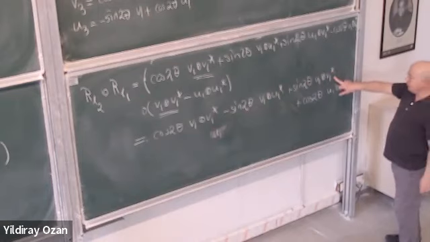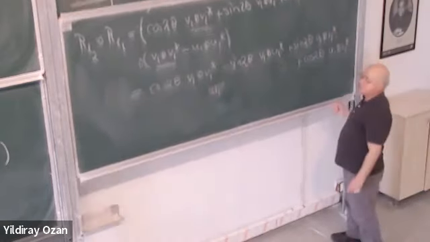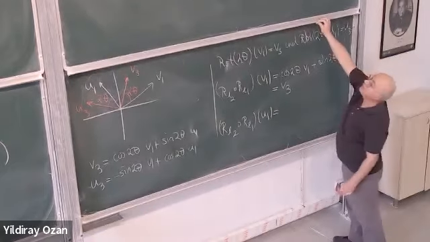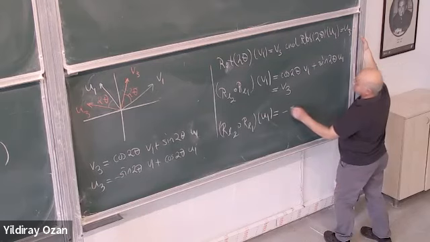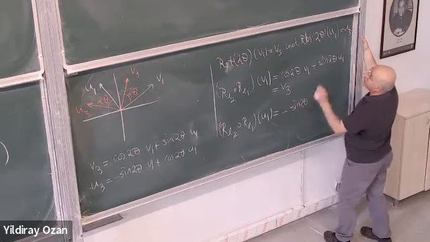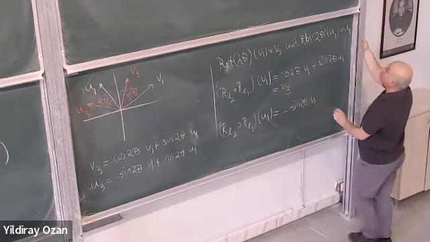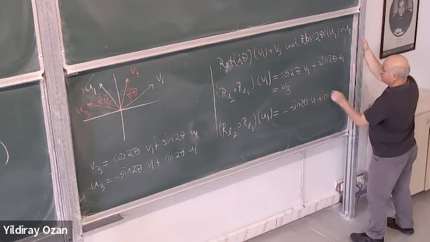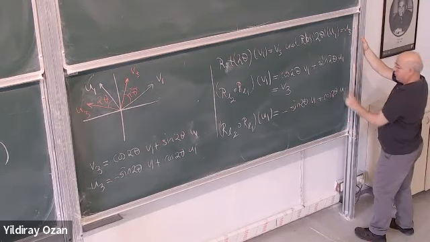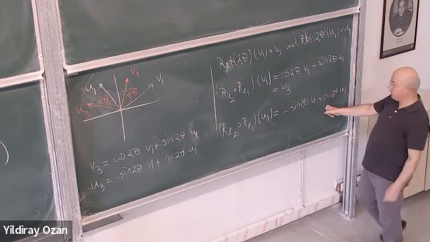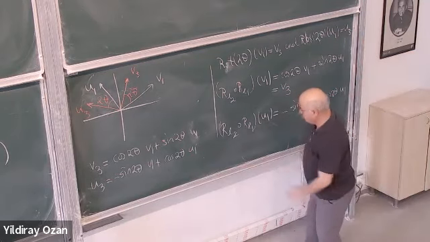And this one will give 0, and this will give us cosine 2 theta. So I will get minus sine 2 theta V1 plus cosine 2 theta U1. What is this vector? It is just U3.